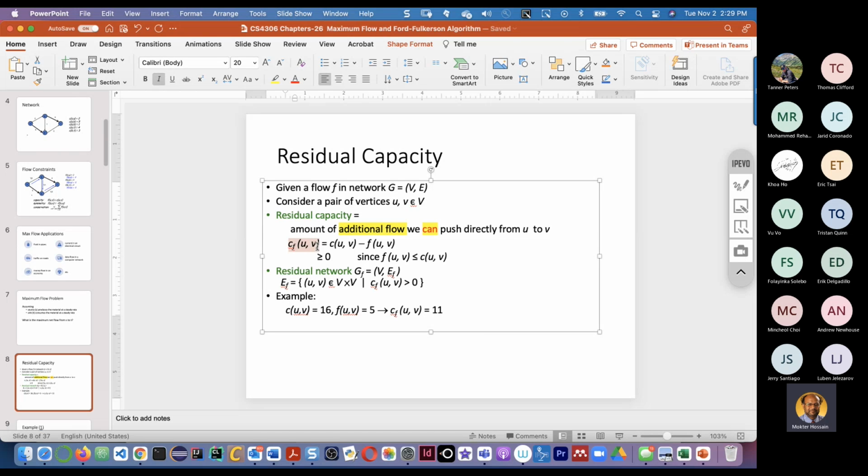So residual capacity is equal to total capacity minus flow. You can remember that, and it will always be positive.